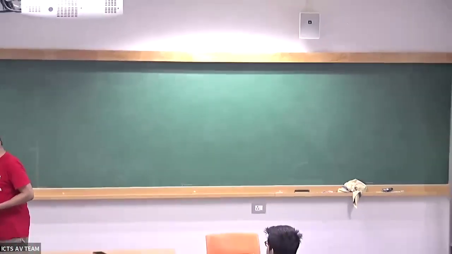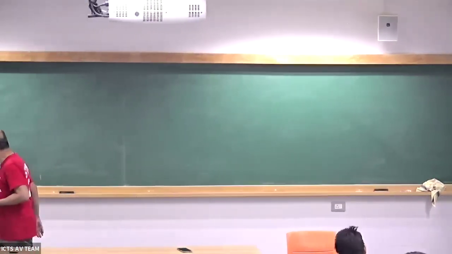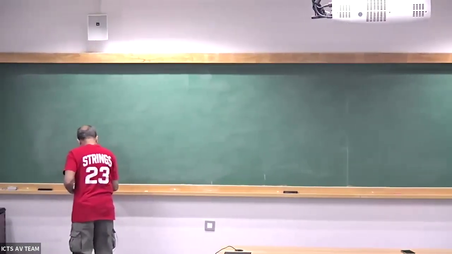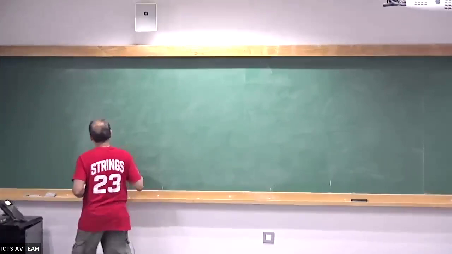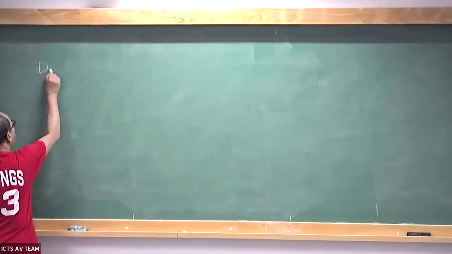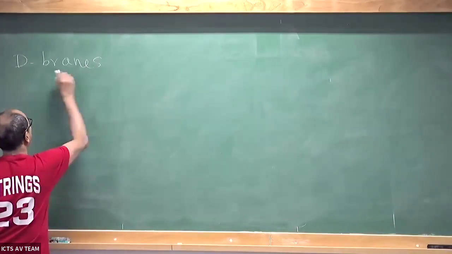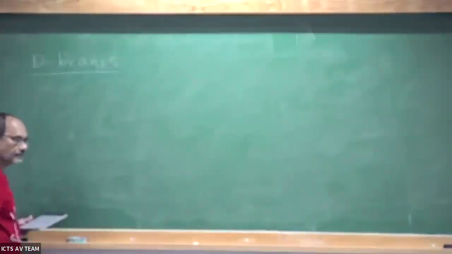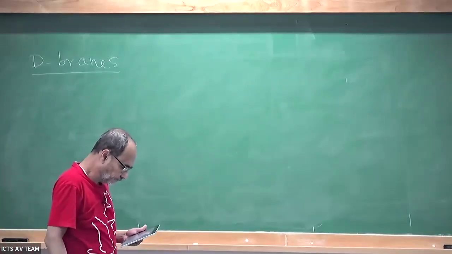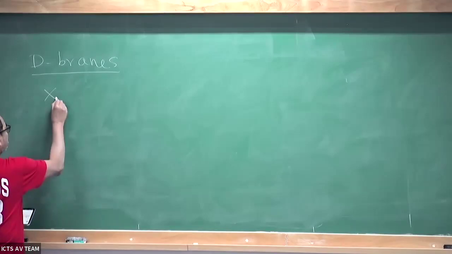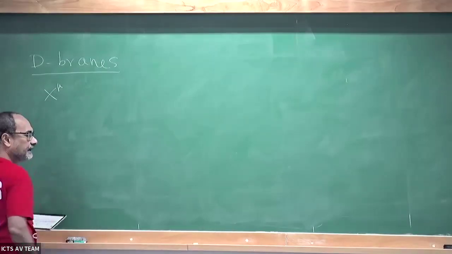Okay, so today we are going to start discussing D-branes in superstring theories. So X^mu, this is the usual space coordinate.